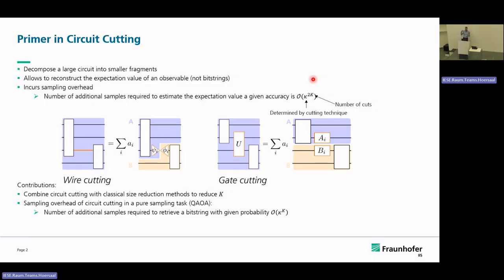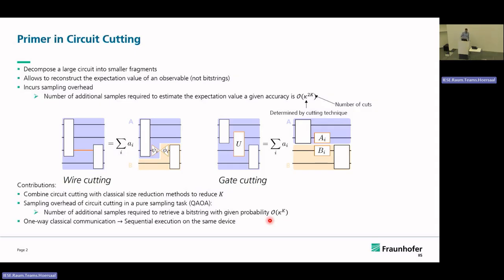But in the end, you want to retrieve bit strings, solutions. In the end, you need to sample, and this is typically what circuit cutting is not intended for. We were able to show that you can do this, and you also incur a sampling overhead. In fact, that scales even slightly better than for the original purpose of estimating expectation values, but it's still exponential in the number of cuts.